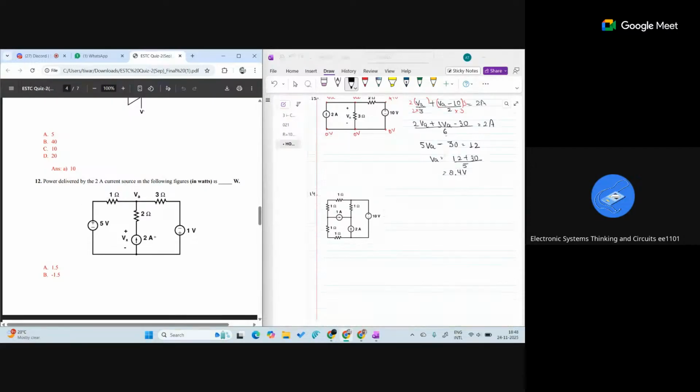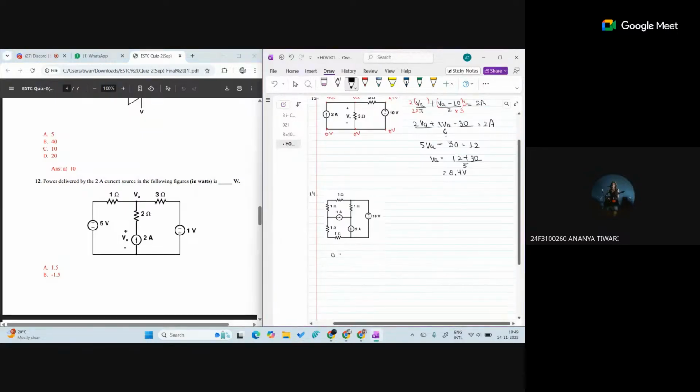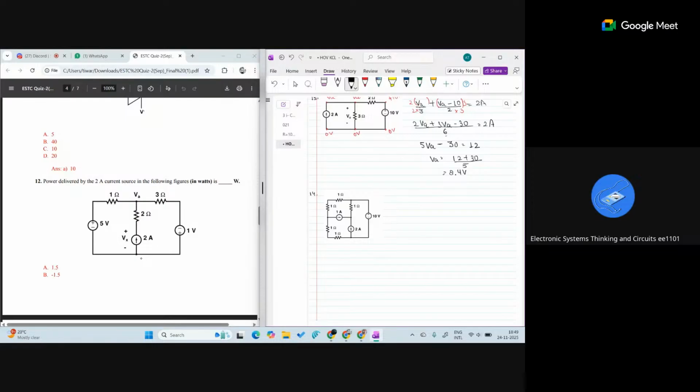Just write the equation in this loop. You start from 0. Just consider this wire as 0 volt. I guess the answer will not be 2 volt. That is what I think.